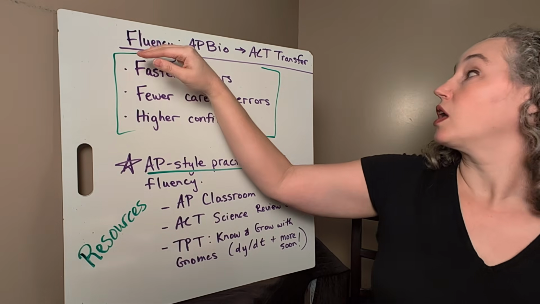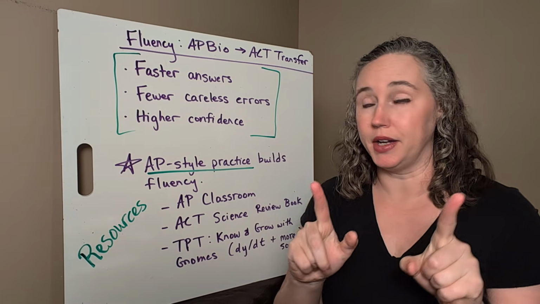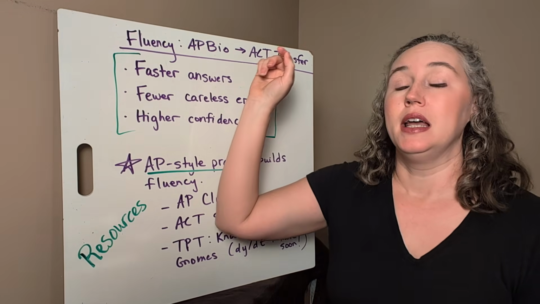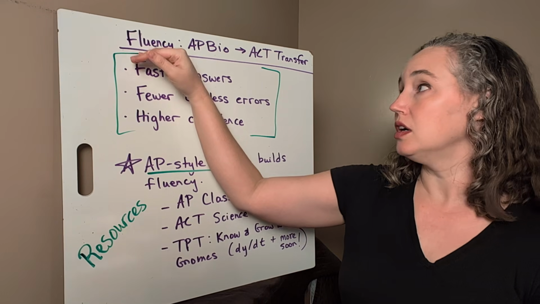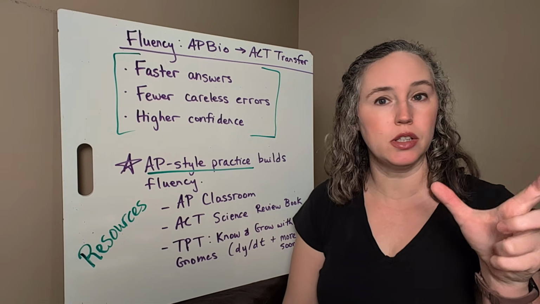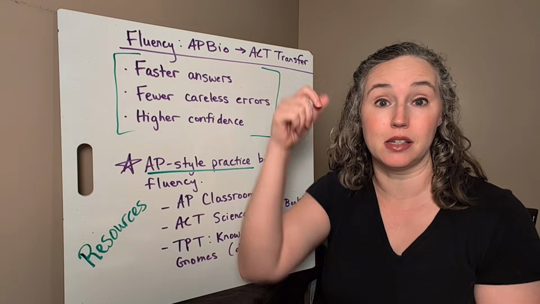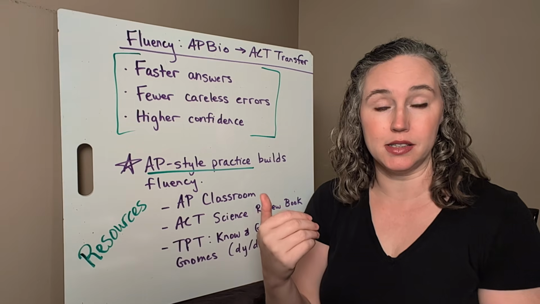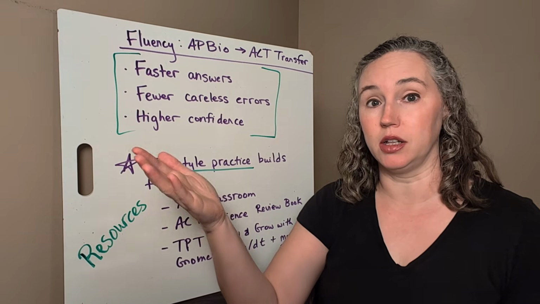So what's great about this skill for AP Bio is that if you are fluent in graph reading here, you can easily transfer that skill into the ACT test. The ACT in the United States is one of the tests that students can take to help them get into college.